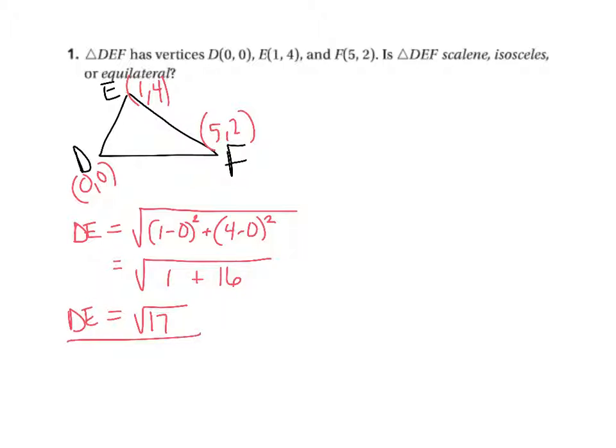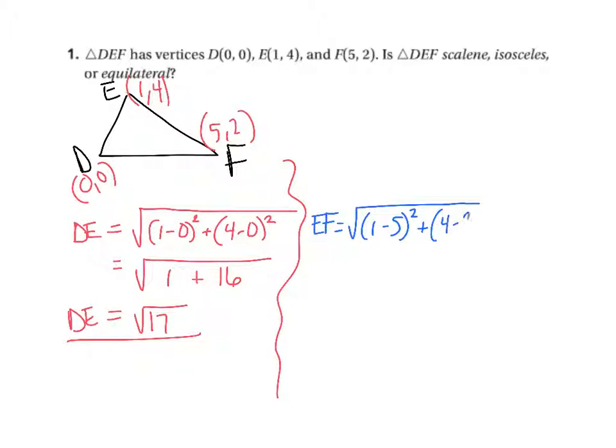Now I'm going to do this again for each side length. Let's do it with EF. Big square root, x minus x. I'm doing EF, so 1 minus 5 squared, plus, now do the y's, 4 minus 2 squared.